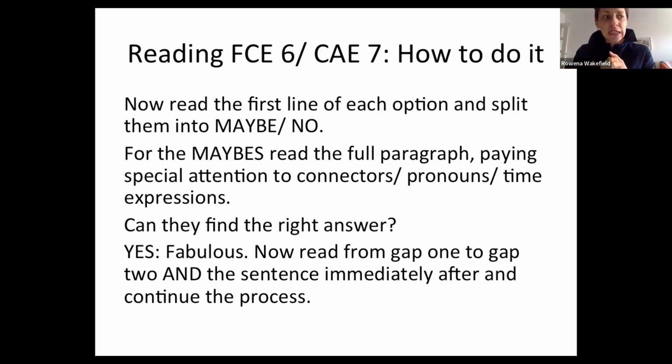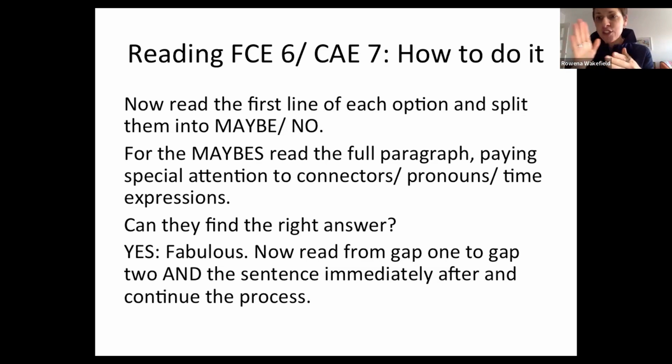So usually the key things that help you with this, and this will hopefully be things that they've highlighted, are things like this approach will be in the first line of the options. And if they haven't mentioned an approach before, if there's a mention of something and they don't know what it is, they can eliminate it.